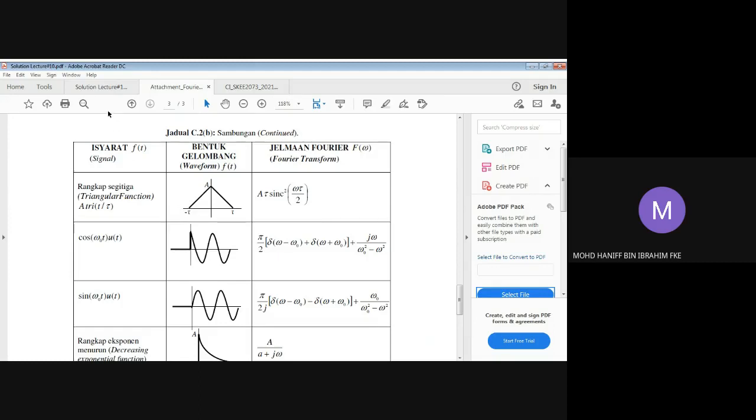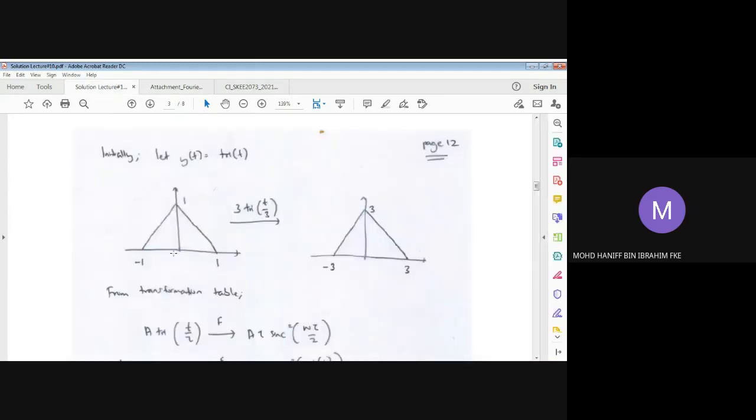But now, when we refer to the questions, we can see that the amplitude has been scaled to 3 and the duration of the signal is from -3 to +3, in which it experienced a time scaling.